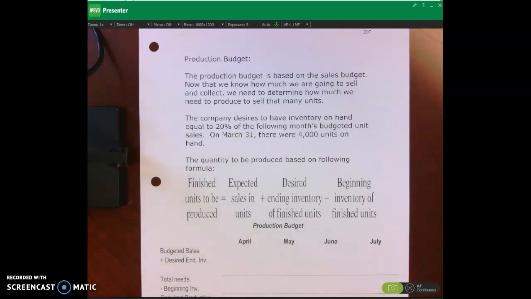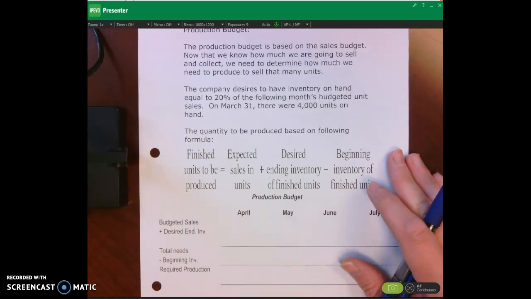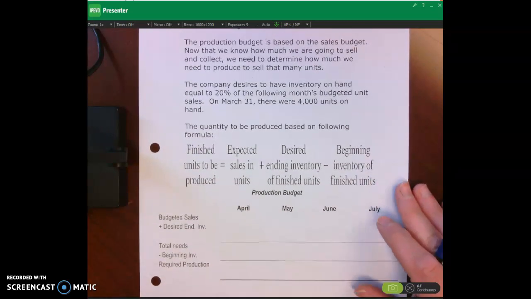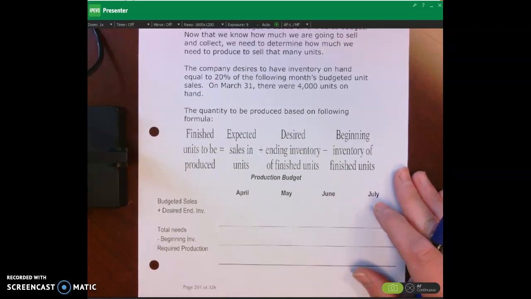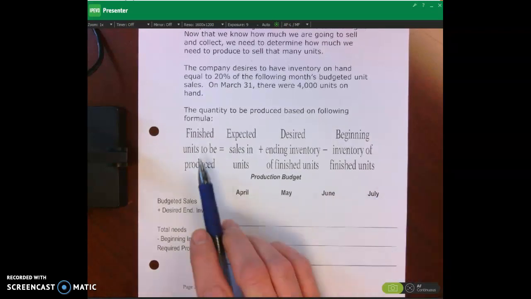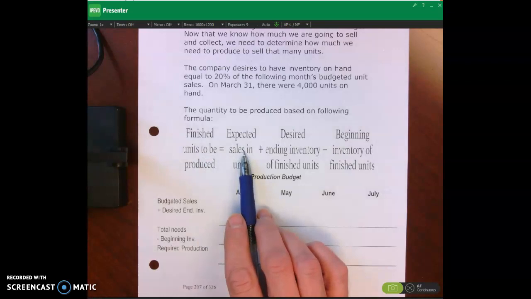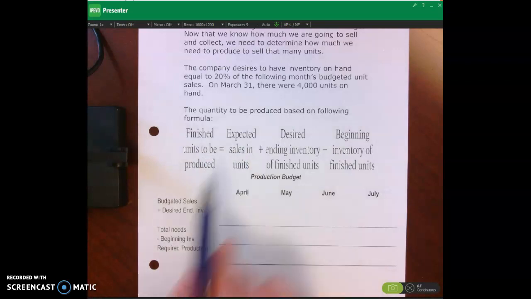And again, if this is kind of confusing, just think about it in terms of the lemonade stand. You need to know how many cups of lemonade you think you're going to sell before you decide how many cups of lemonade you'll make. Okay? So when we think about how many units we're going to produce, which is what we want to know from the production budget, we have to produce enough to cover our expected sales.